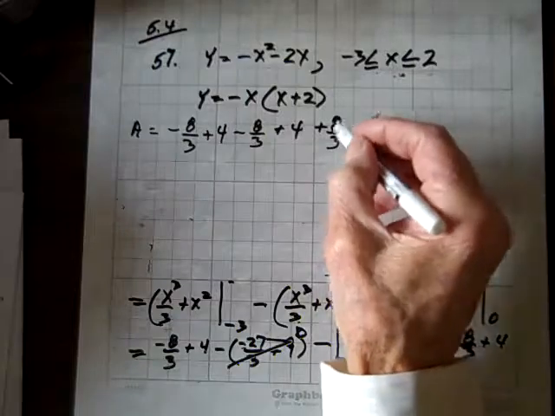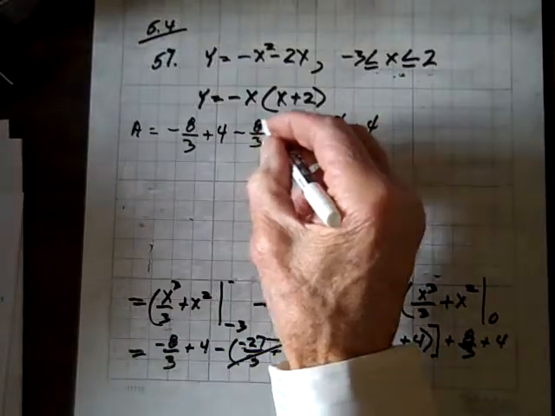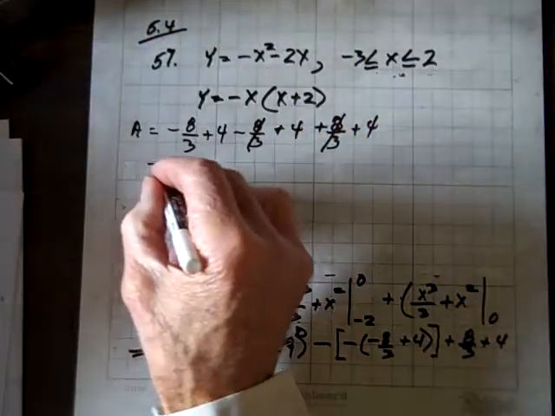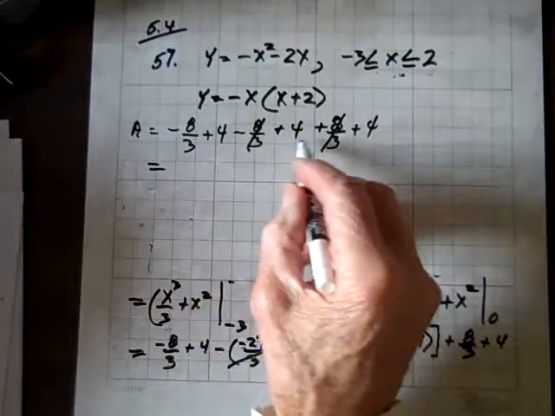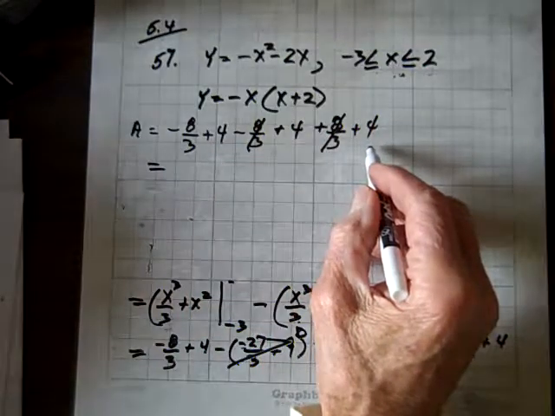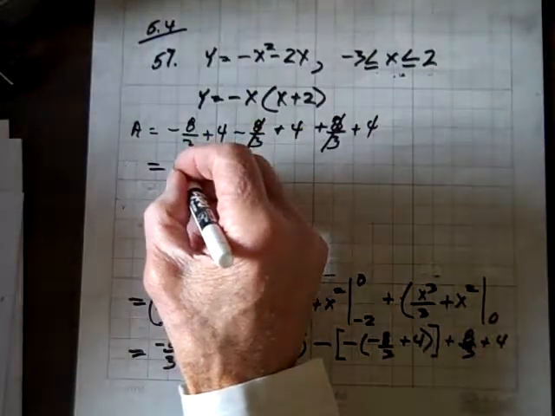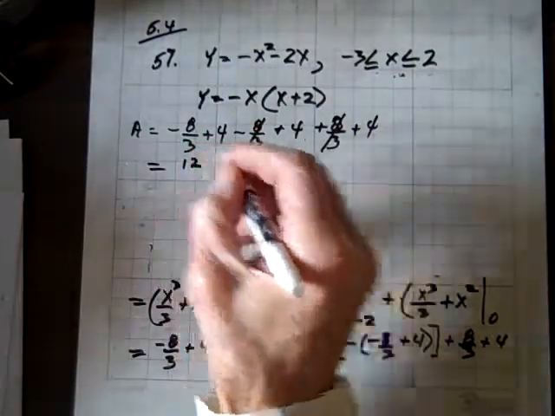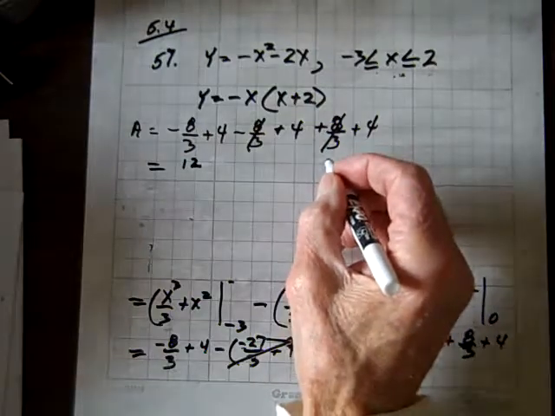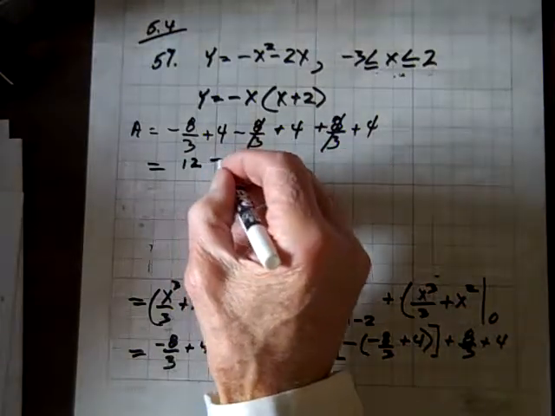Now, a couple of these 8 thirds cancel out, and what we get here is 3 fours are 12, and minus 8 thirds.